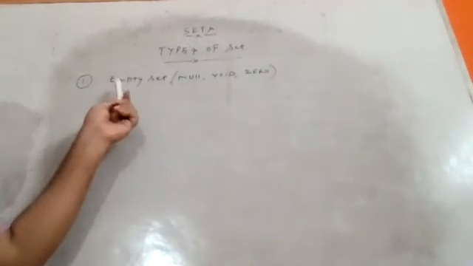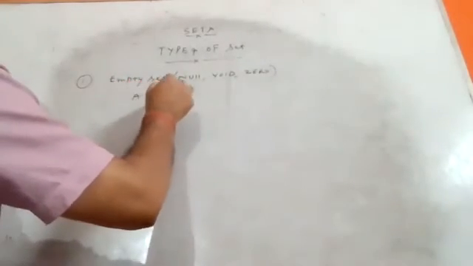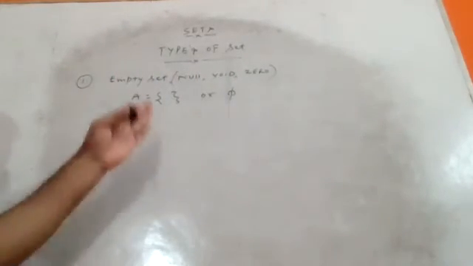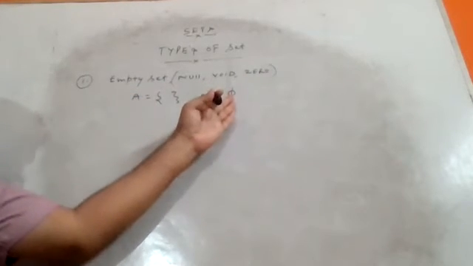Our actual word is what? Empty set. How can we define empty? The word empty means no one inside. The whole picture is clear, right? In the set you can write like this or like this. This is the symbolic form to represent the empty set, in this manner or this one. This is known as your empty set. So what is an empty set?